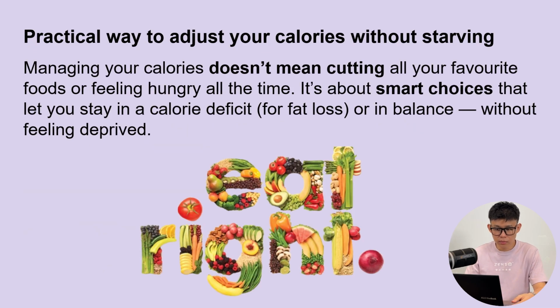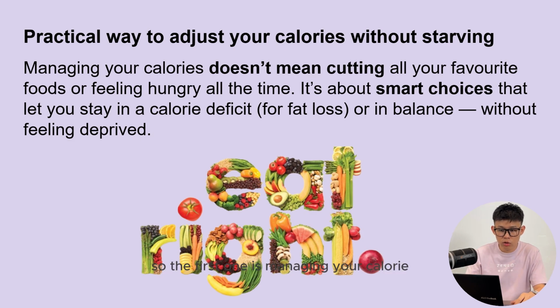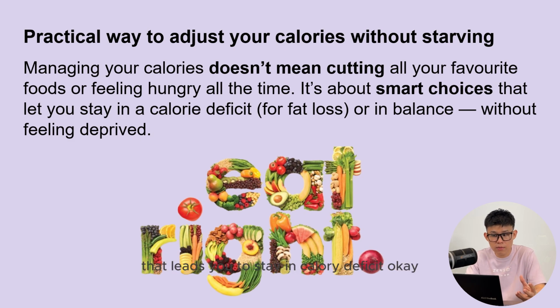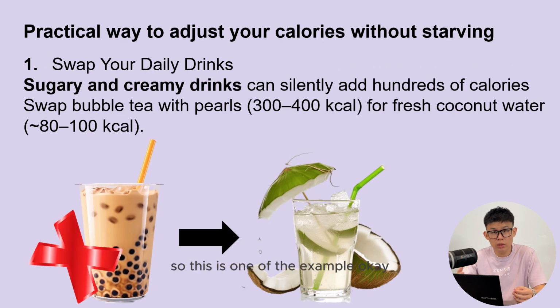So this is a practical way to adjust your calorie without starving. The first one is managing your calorie, meaning that you don't cut all your favorite food or feel hungry all the time. It's just about smart choice that leads you to stay in calorie deficit. This is one of the examples.